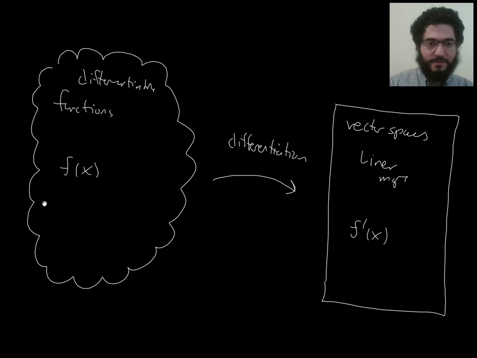This is the world of things whose derivatives you take, functions like f of x. And on the right side, I've got this clean, rigid world of linear algebra, vector spaces, linear maps, things like f prime of x. And differentiation is a tool that takes you from this messy world into this nice, clean world.